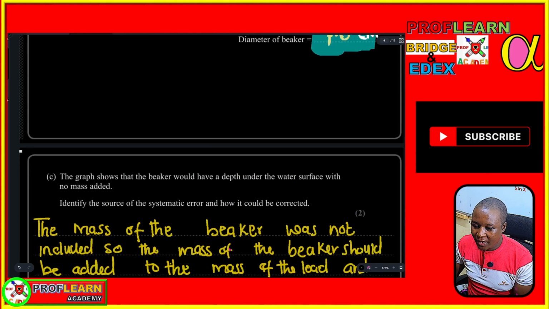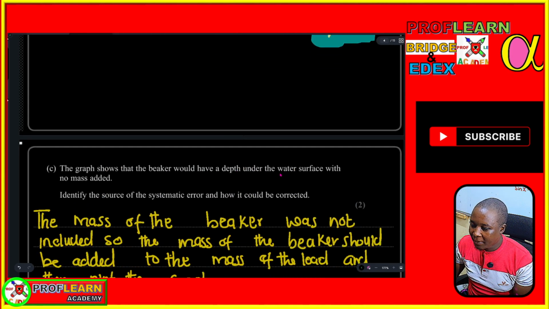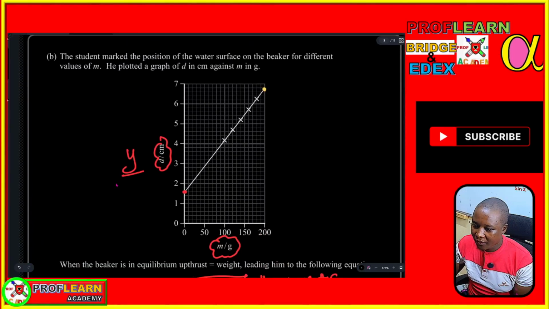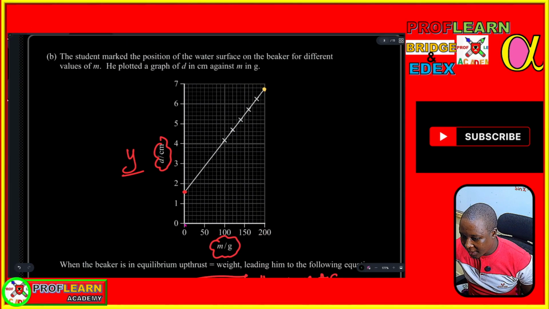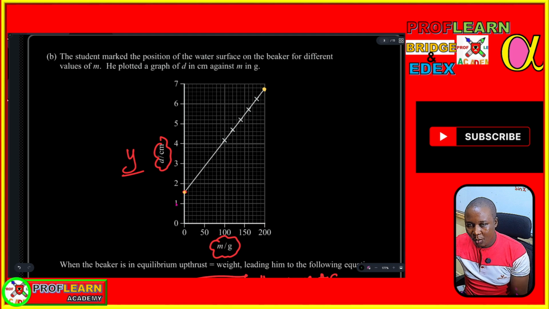It was observed that the graph shows the beaker will have a depth under the water with no mass. You can see from the graph that when there is no mass, the depth of the glass will be around 1.6. So why is that?